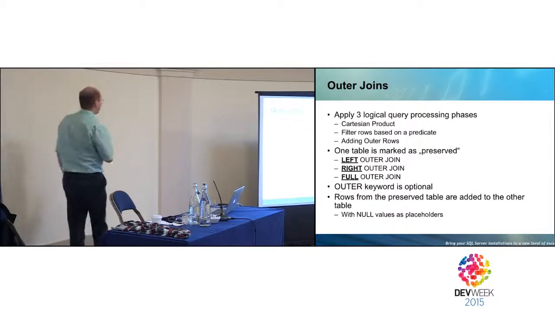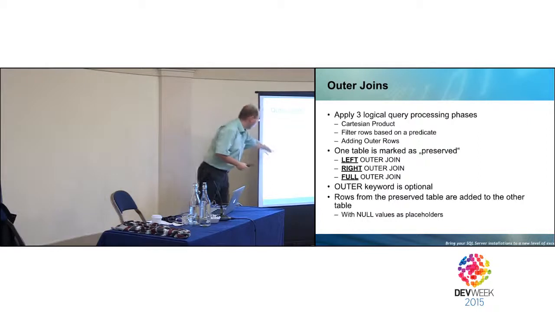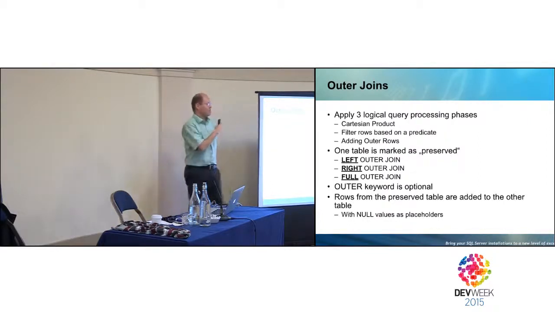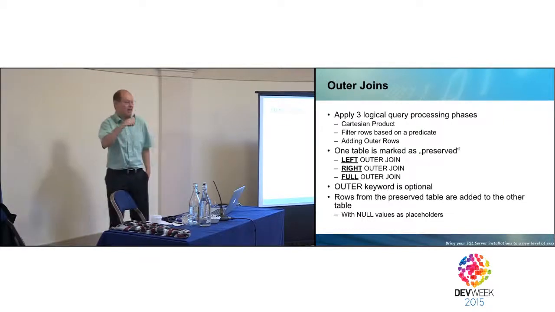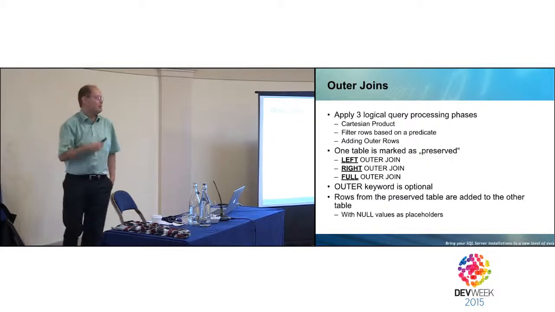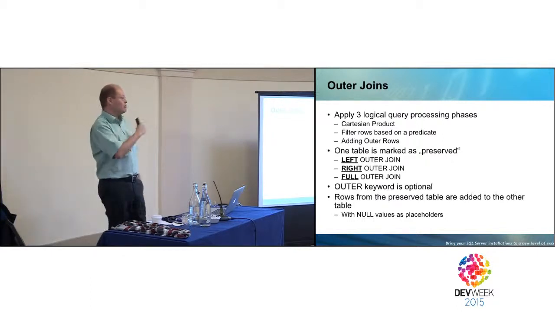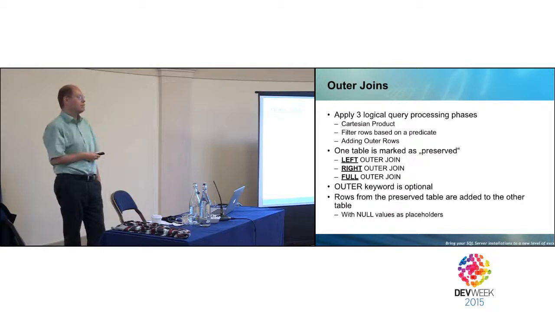Means when we perform an outer join, we can mark one or both tables as preserved. Means when you make a left join between table A and B, you will get back all rows from table A. And for these rows where you have no matching records in table B, SQL Server adds for the columns of table B so-called null extended rows.